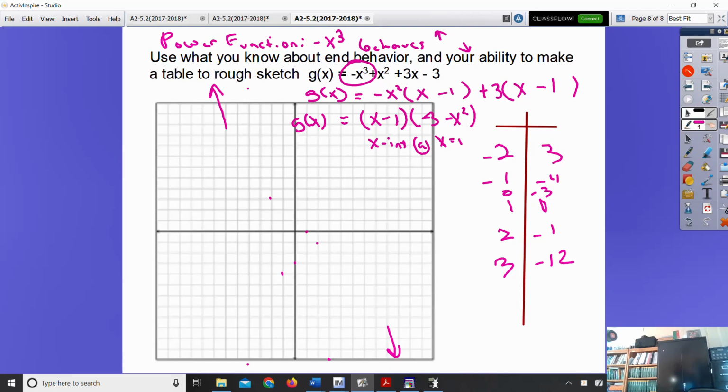Because it was supposed to end how? Low. Now, as far as drawing, you've got to kind of hit your points from left to right. When I hit this guy right here, what has to happen? I have to curve up, don't I? When I pass through that guy, what's going to happen here? I have to curve down.